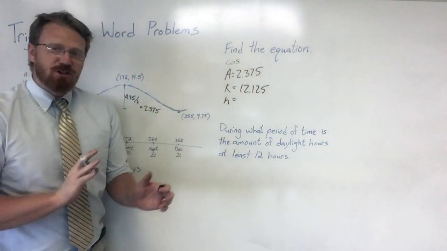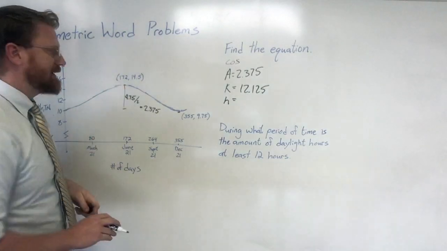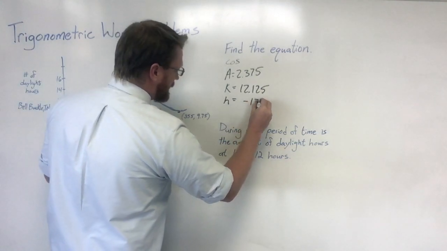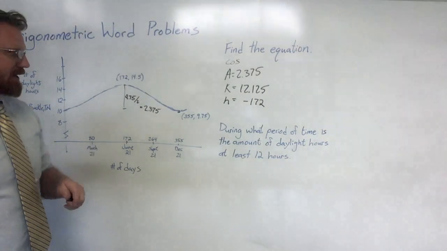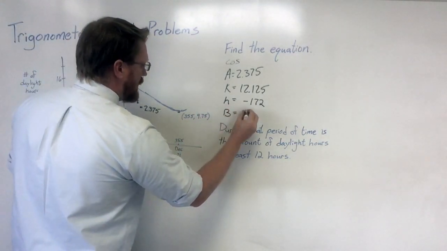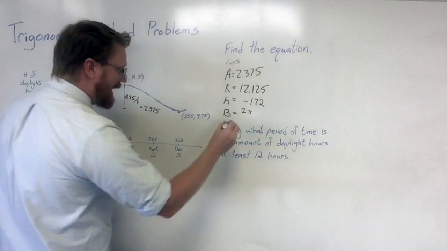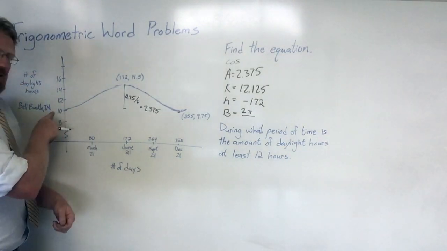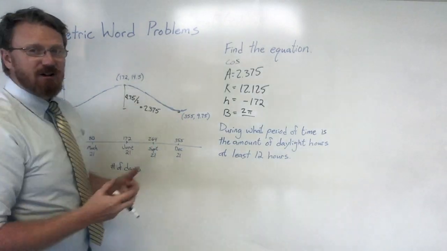Other things I have to find, my H term. How far did I have to shift this over to get to that positive crest, positive cosine template? 172 days. So minus 172 days will ensure I shift to the right 172 to match that. And the last thing here is going to be our B term, which depends on the cosine's typical period of 2 pi divided by the period I observed. Now again, we already said this wasn't the trough, so I can't go from here to 355 and call that the period.